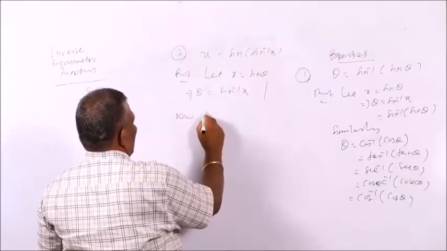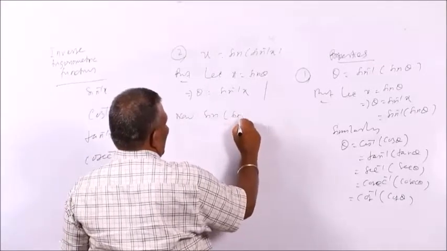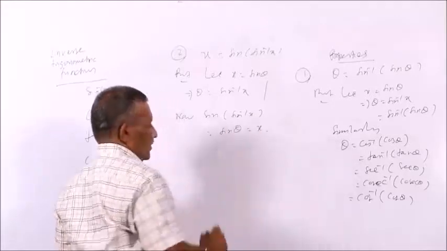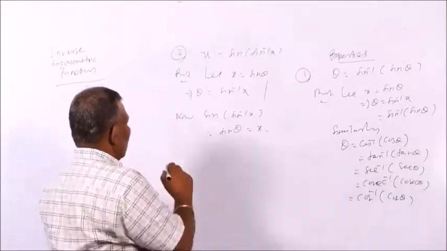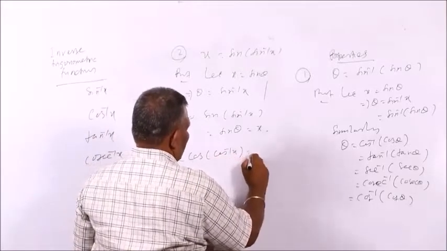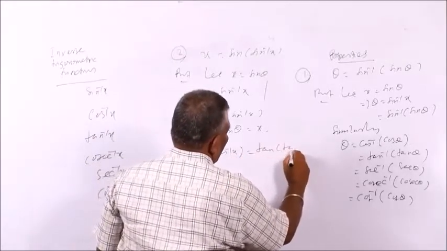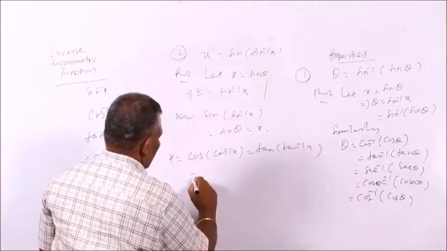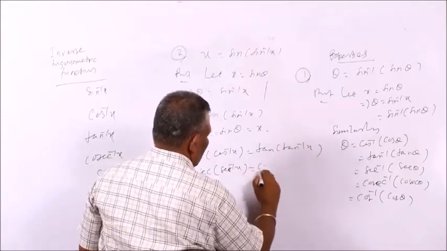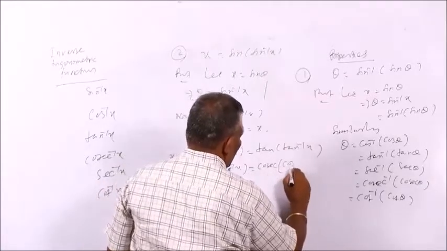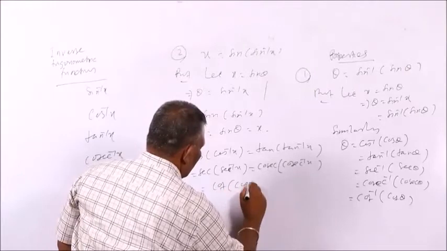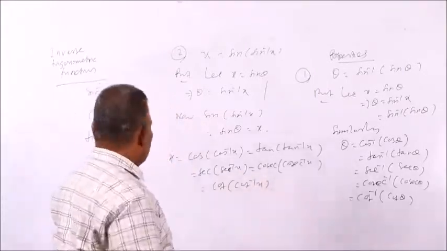Now sin of sin inverse x equals sin theta, that equals x. Similarly, we can write x equals cos of cos inverse x, tan of tan inverse x, sec of sec inverse x, cosec of cosec inverse x, cot of cot inverse x, like this.